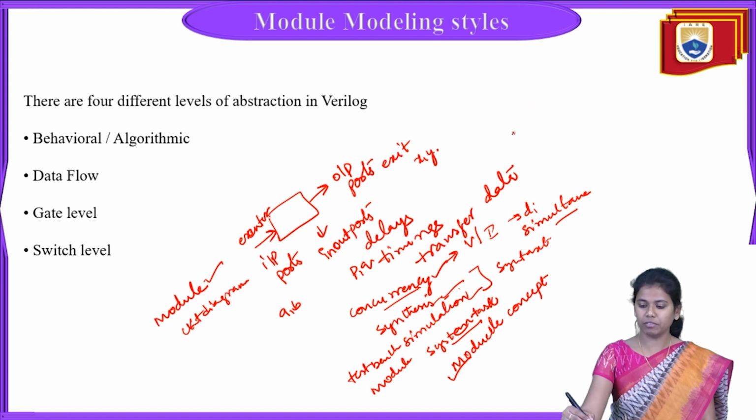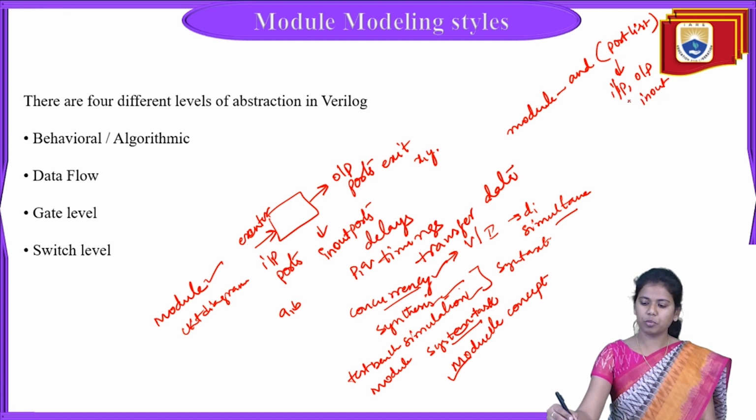That syntax we have discussed: module, the name of the module, for example an AND gate, and the port list. This port list consists of input ports, output ports, and in-out ports, which we declare here, followed by some statements, statement 1 and 2.